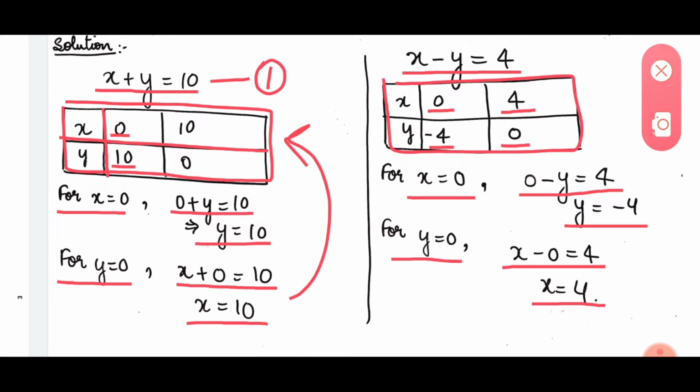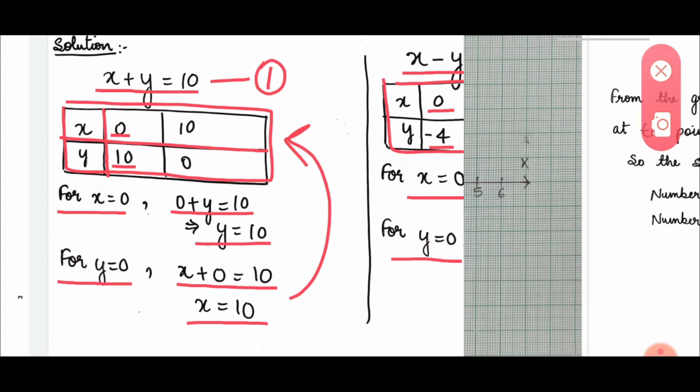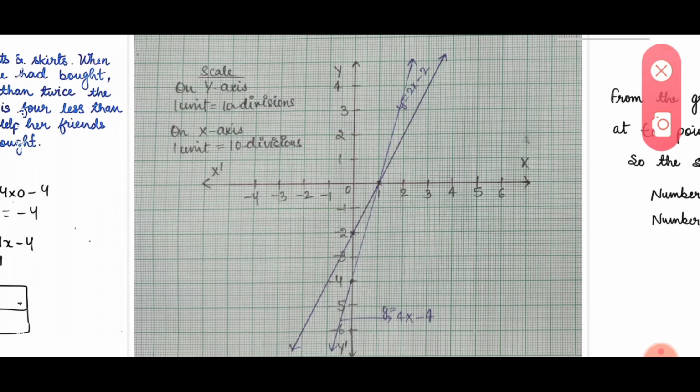Now let us plot the points on the graph and then see what is the solution of the problem. Here's the graph in front of you. You can see that the line representing the equation y equals to 2x minus 2 passes through 2 points. First 1, 0, second 0, minus 2, right?